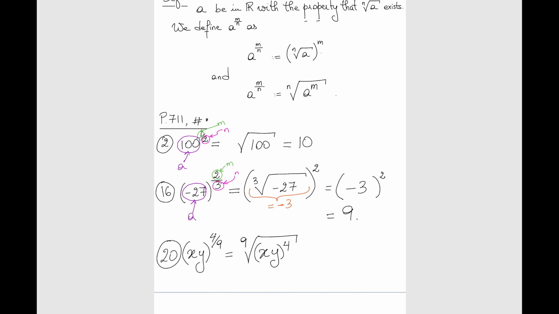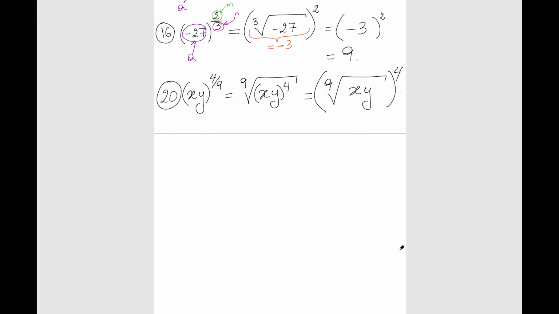This is if you use the bottom one, because obviously a is xy and m is 4 and n is 9. So this writing becomes this, and it has to also match this one. How about we write it too? This is the ninth root of xy, and the whole thing is raised to power 4. Okay.